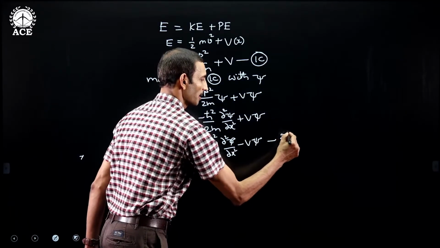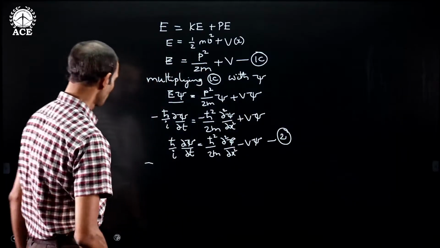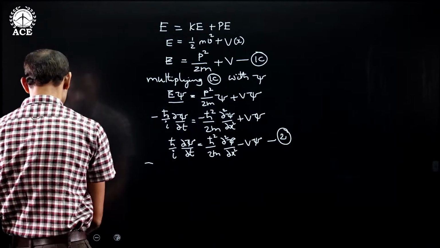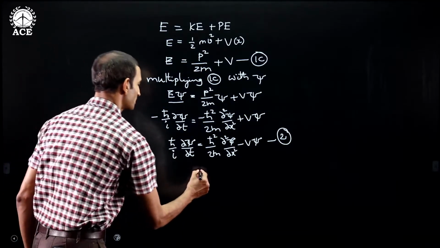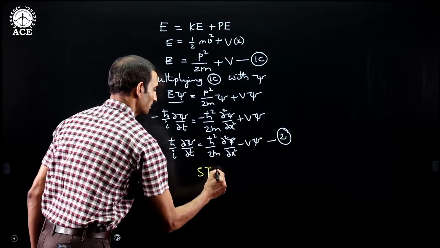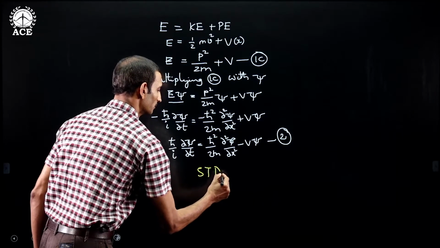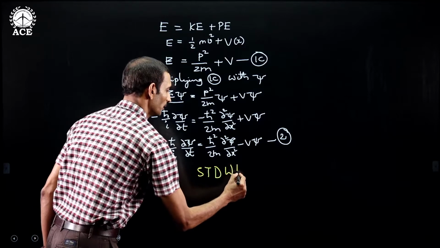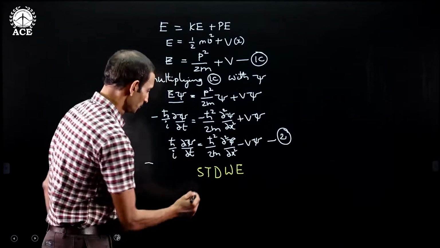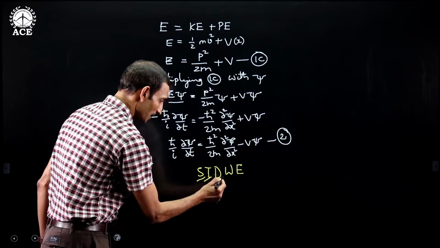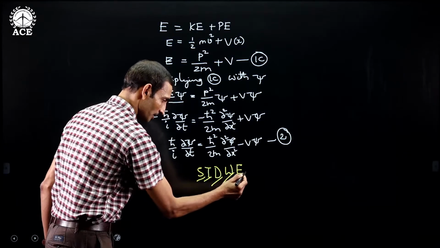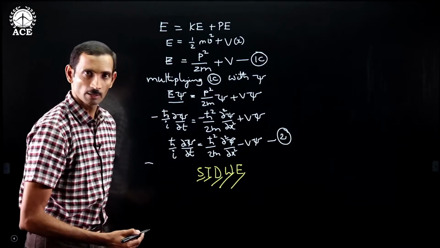This equation happens to be equation 2. What we call it as STDWE? Schrodinger time dependent wave equation. Come again?